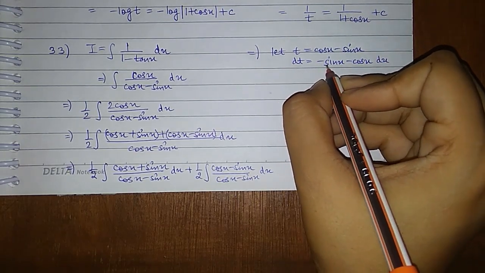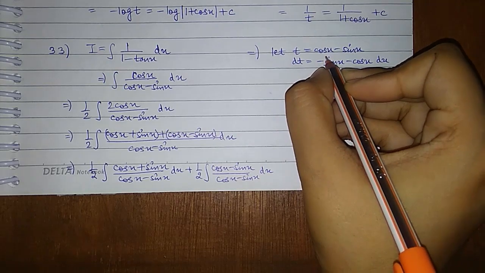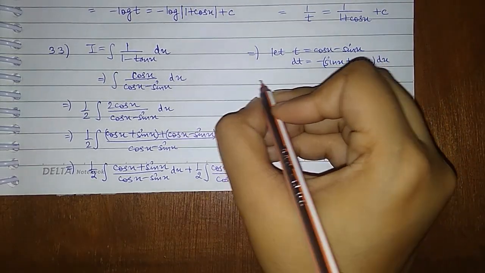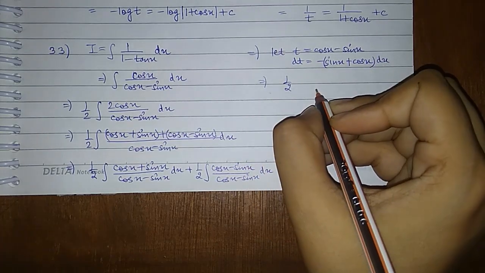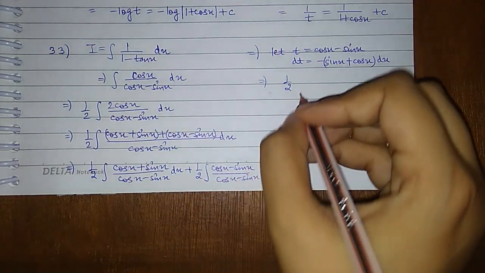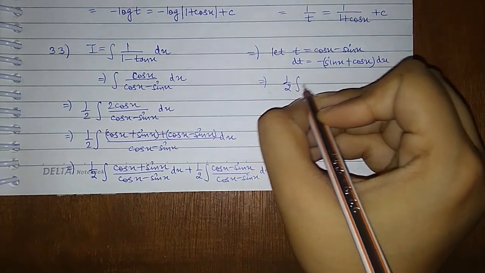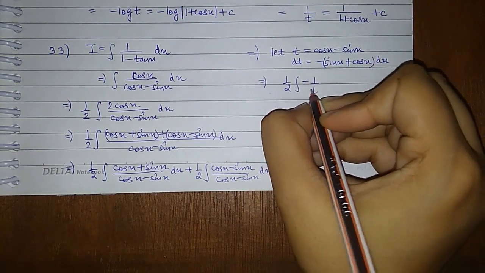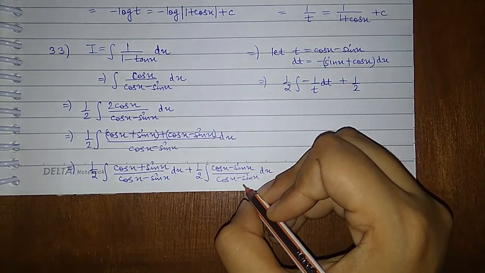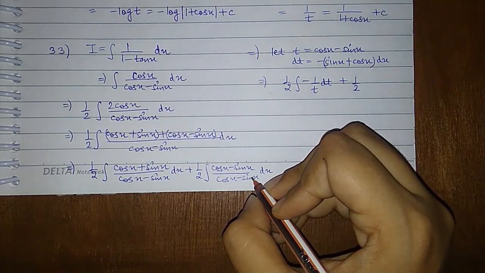So taking the minus sign as common, we can get this. So we will get half of cos x plus sin x is t and this will be dt. So half of minus 1 upon t dt plus half of this will be cancelled out. So integration of 1 will be x.